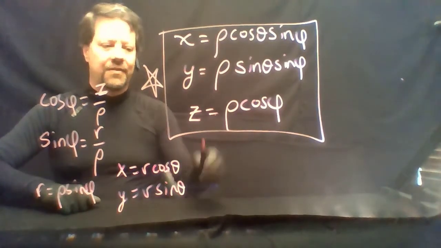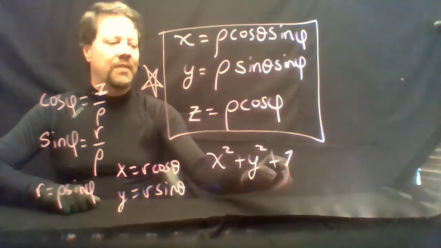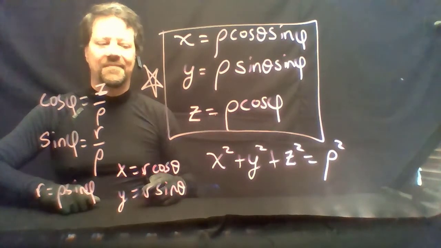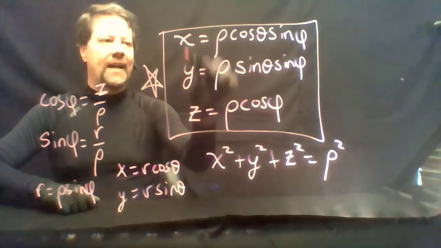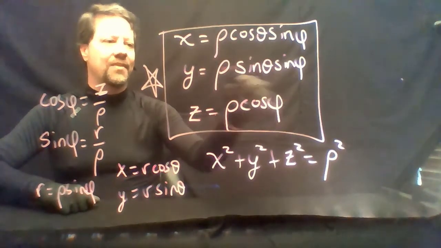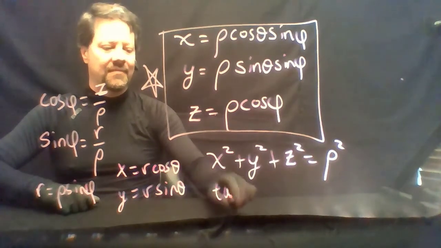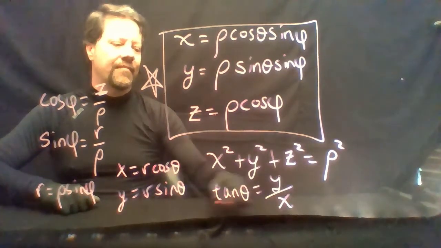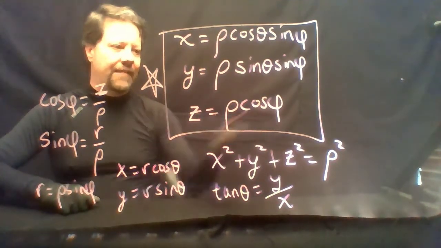It also follows from the Pythagorean theorem that x squared plus y squared plus z squared equals rho squared. In addition, we have the following. Y divided by x will cancel the rho and the sine phi, leaving you with tangent theta. Now, how do you then find phi?